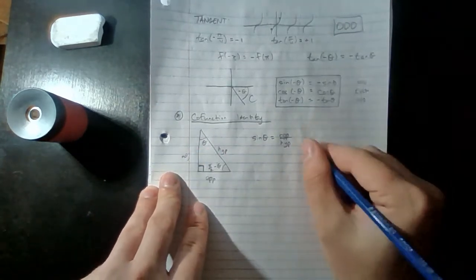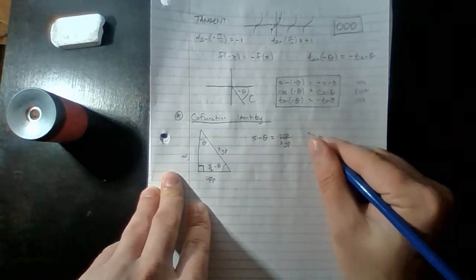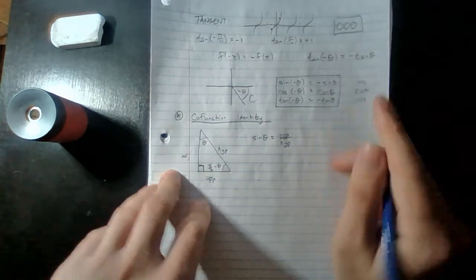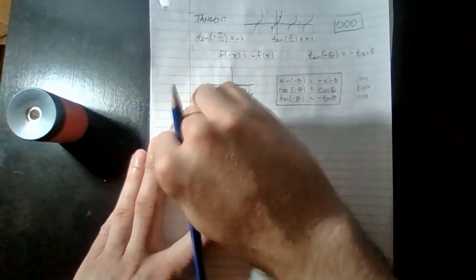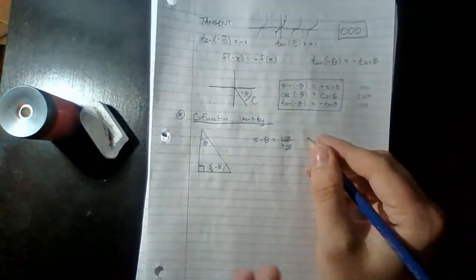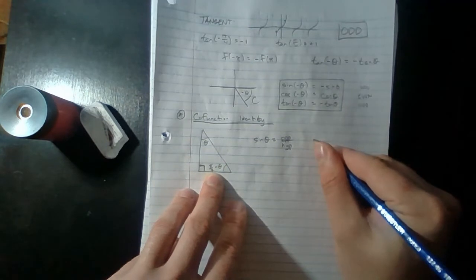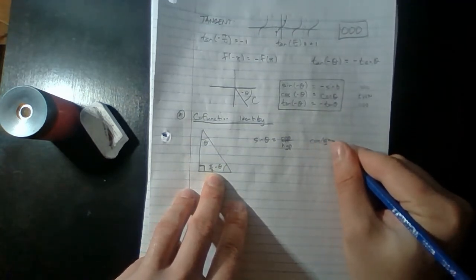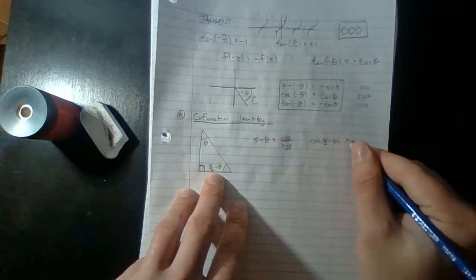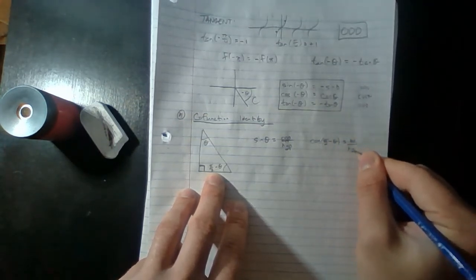If we look at cos, if we compare that, that will be equal to the cosine of pi over 2 minus theta, which for cosine is our adjacent over our hypotenuse.